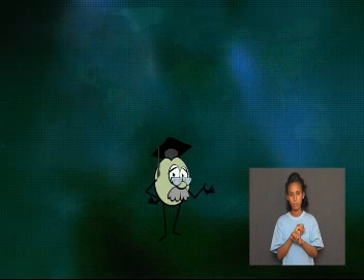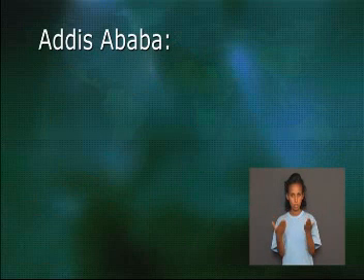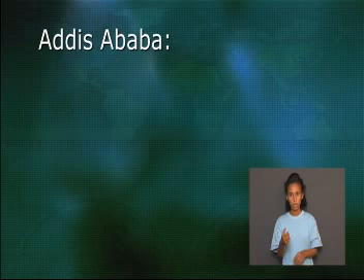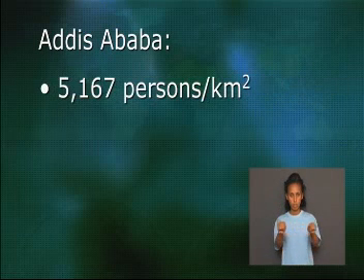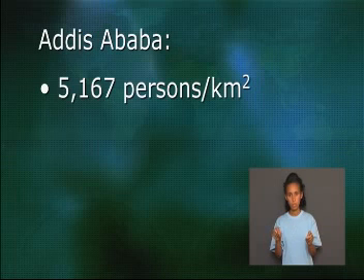Time's up. Let's get back to our lesson. Hello again, students. Did you find this activity to be interesting? I hope so. Among the regions listed on the chart on page 170 of your textbooks, Addis Ababa has the highest population density at over 5,000 people per square kilometer.